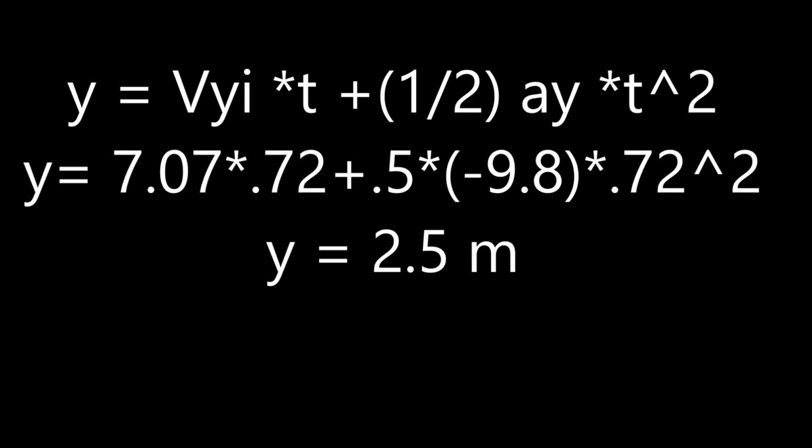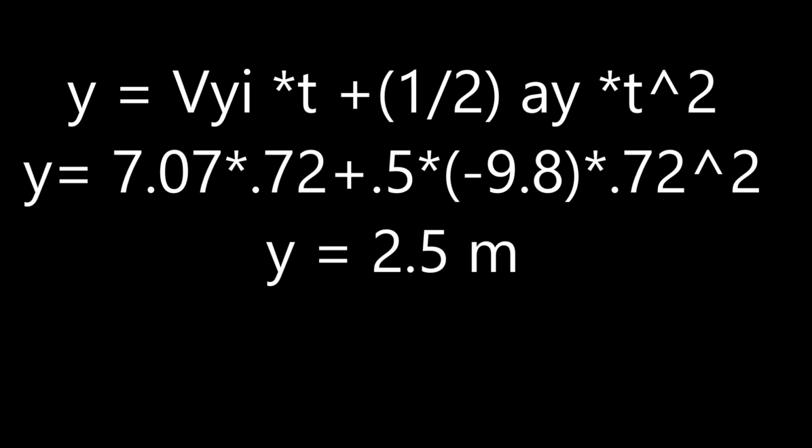And then you can use the equation that y equals v initial times time plus 1/2 acceleration times time squared. And that would get you, plugging stuff in, 7.07 times 0.72 plus 0.5 times 9.8 times 0.72 squared.